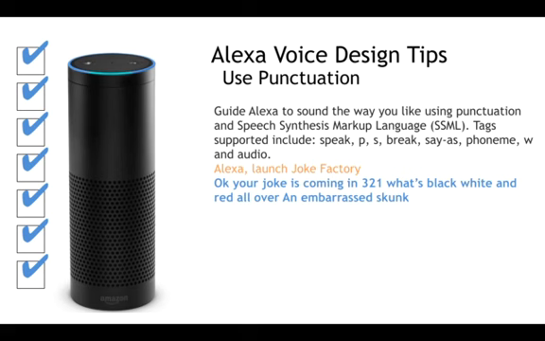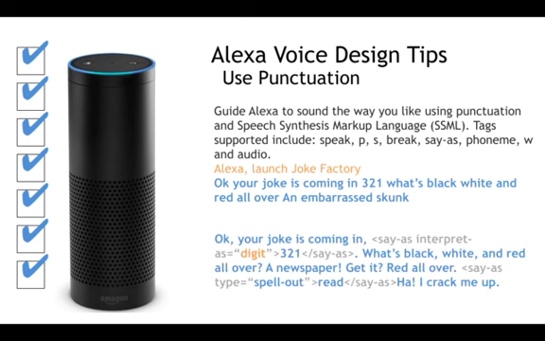So we have what we call Speech Synthesis Markup Language, and it allows us to control how she reads certain things. So what we did here is we took the same joke and just added the markup language. So okay, your joke is coming in 3, 2, 1, because we're interpreting this as digits, and then we have a period here that's going to give us a pause.